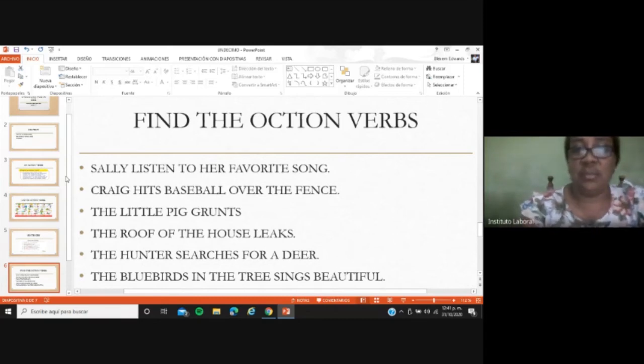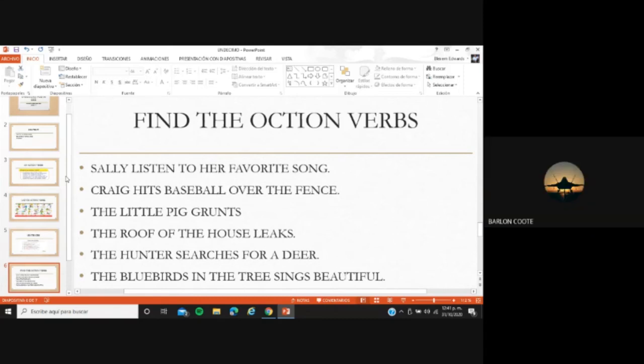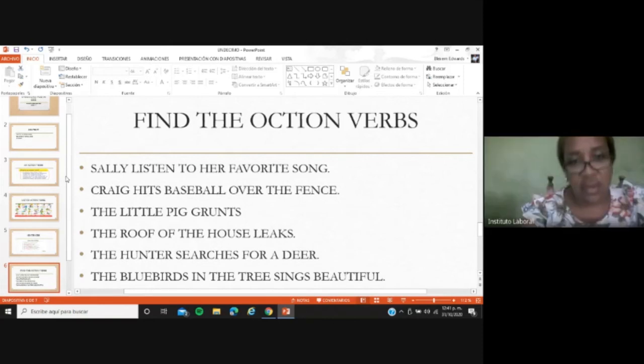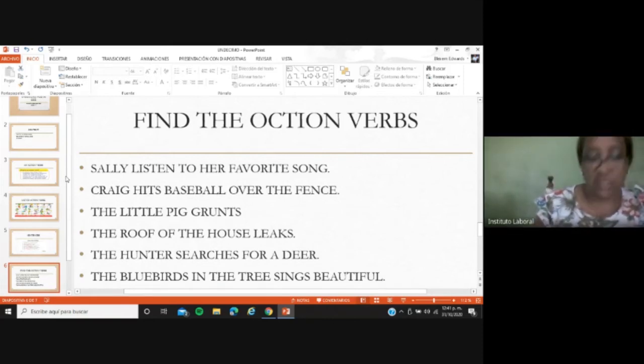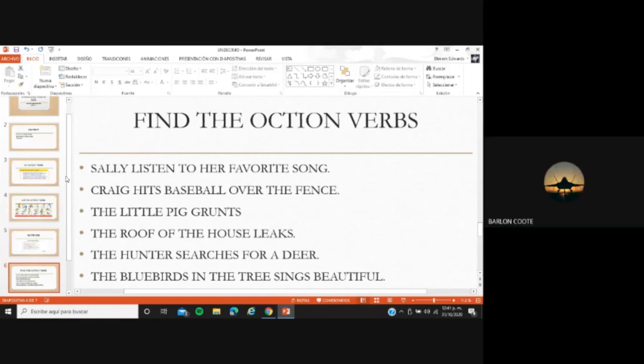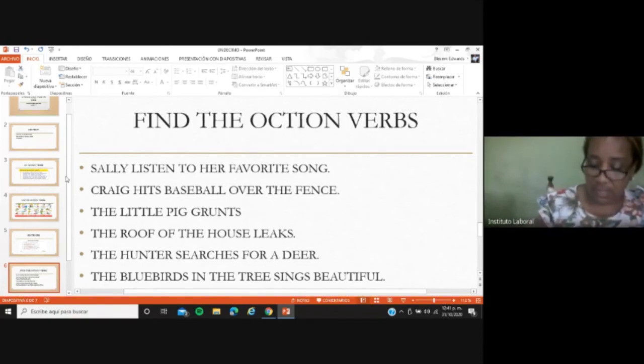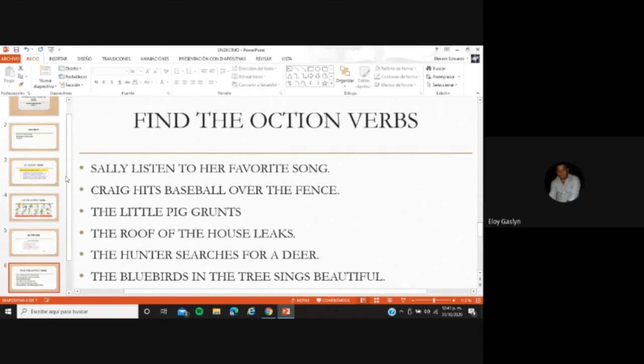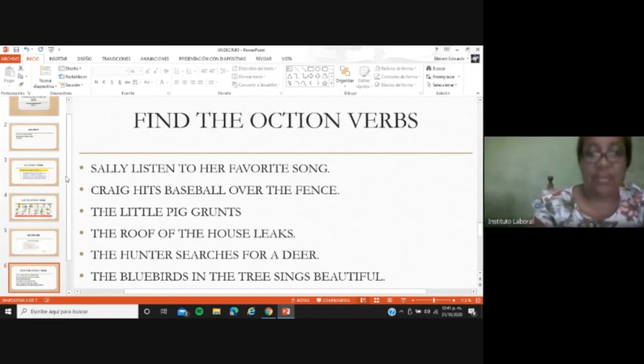What action? He is running. That is the action of the picture. The second one? She is reading. And number 3? He is working. Okay, very good.